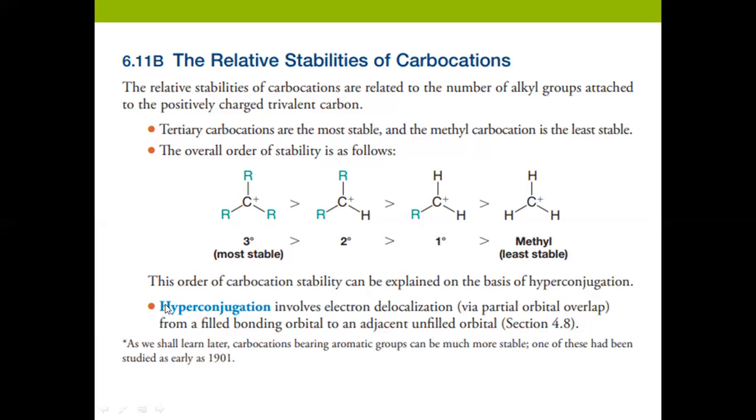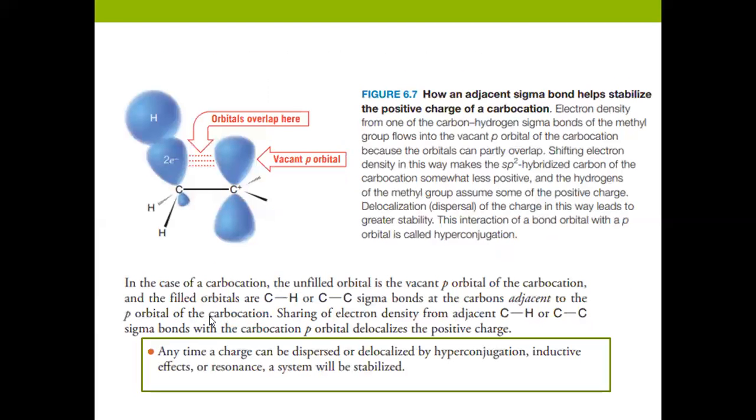So you remember your p here. This is our carbocation. We have an unhybridized p orbital, and it's vacant. We have an adjacent carbon, for instance. This is our R, let's say CH3.